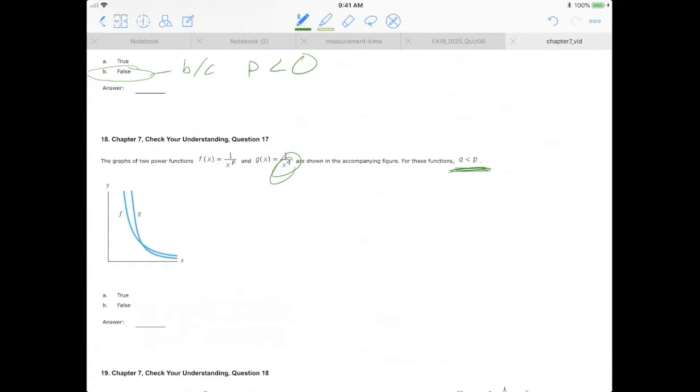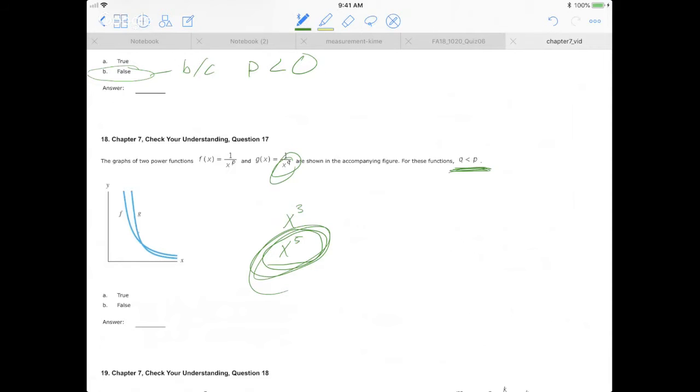This goes back to our example. If I have x cubed versus x to the 5th, this guy is the faster decrease. So if q is less than p, then g will decrease less quickly than f does.